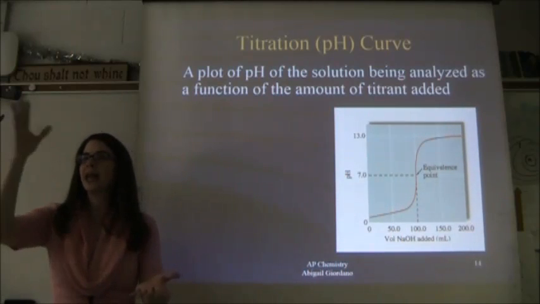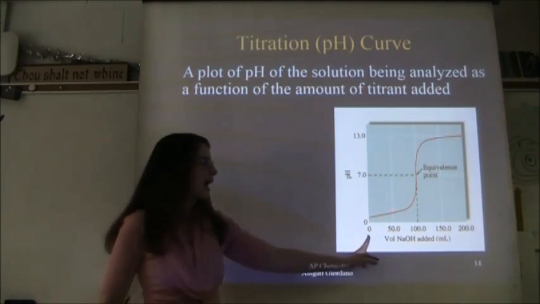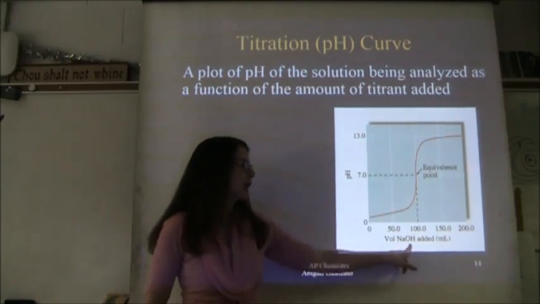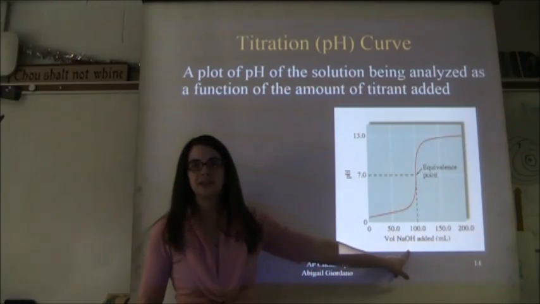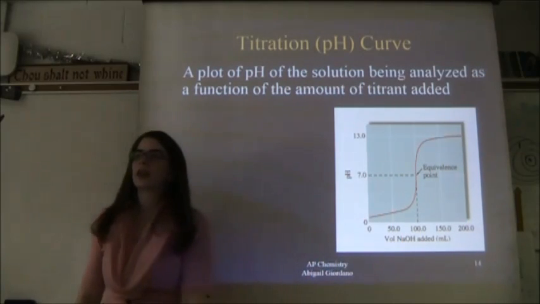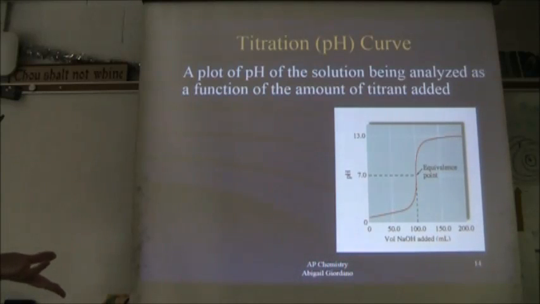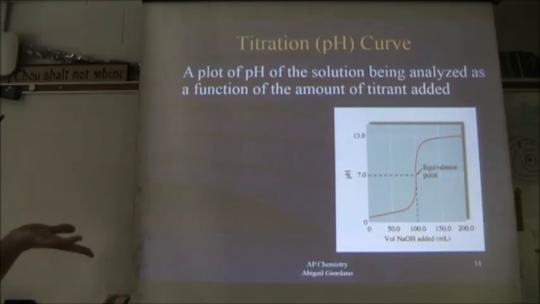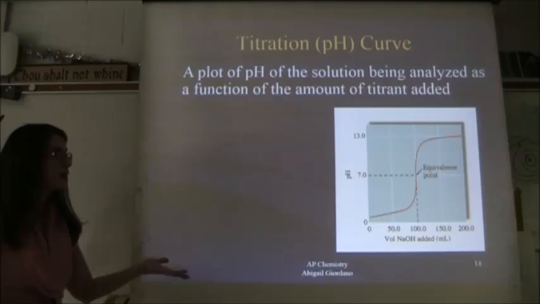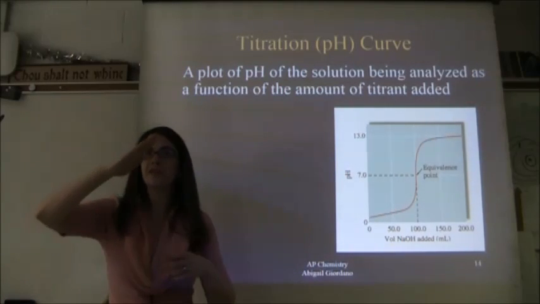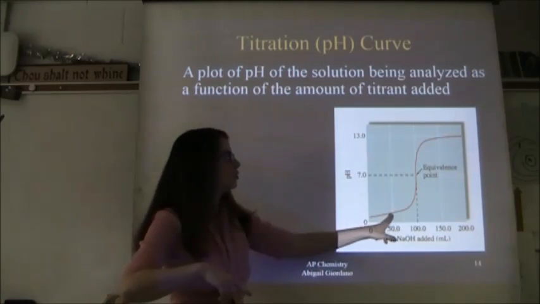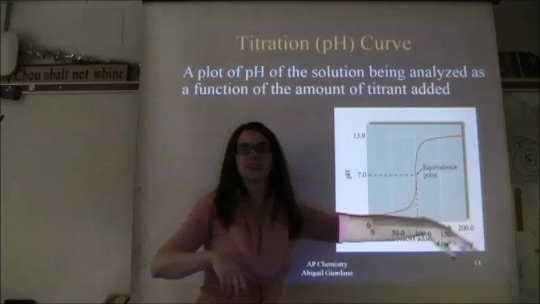And what are you adding to that acid? You are adding progressively more and more base. Now guys, if you're adding more and more base to something, what should happen to the pH? It should go up. And it does. But it doesn't go up in a linear fashion. It goes up like this.